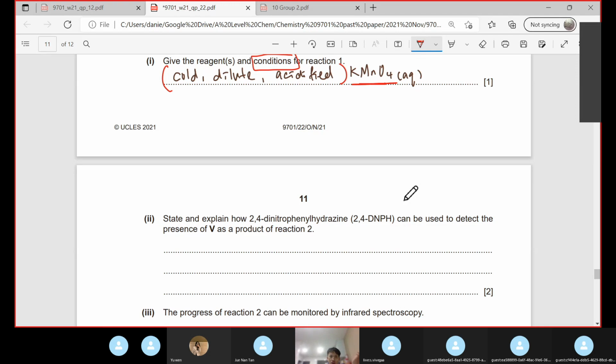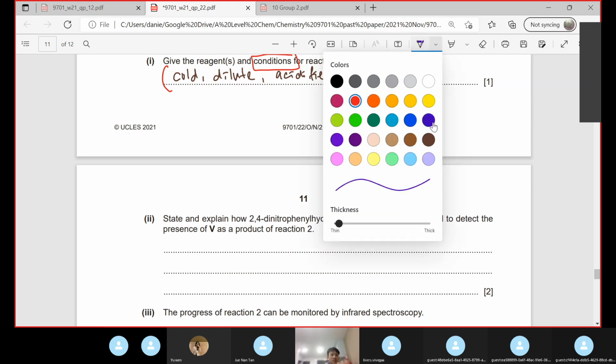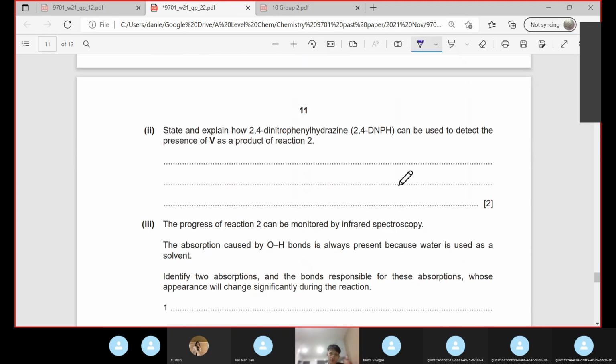Then what you need to write down is actually the observation. When you add 2,4-DNPH, if there is carbonyl, what would you notice? All this you need to memorize. You can write orange precipitate or yellow precipitate.